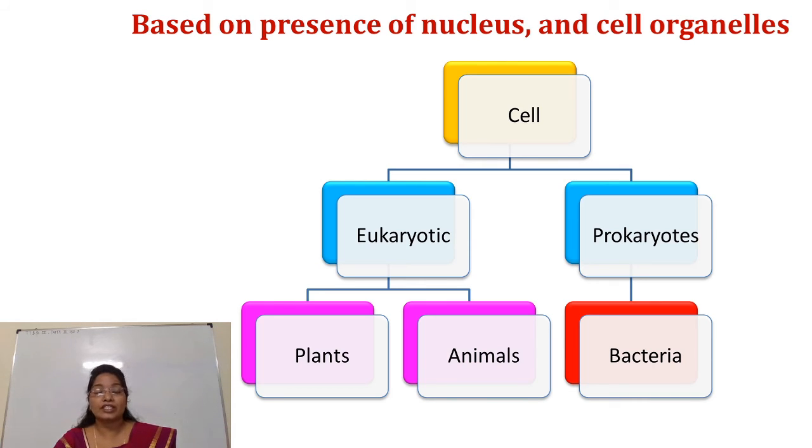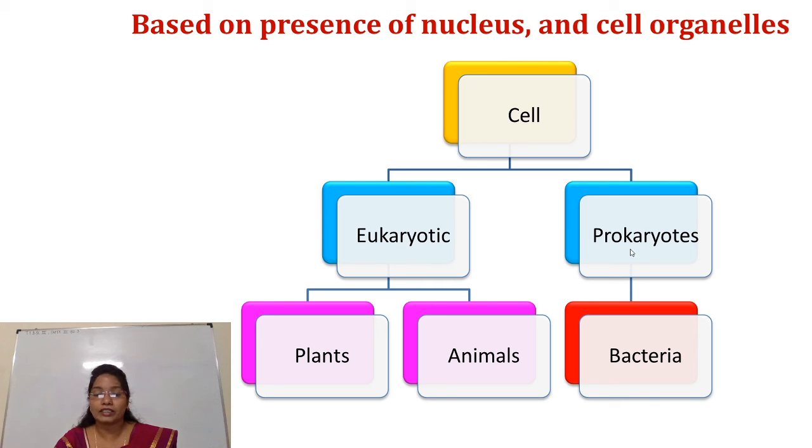Based on the presence of a nucleus and cell organelles, cells are of two types. One is eukaryotic and the second is prokaryotic. As the name suggests, karyon means nucleus. Pro means primitive and eu means true, so eukaryotes means true nucleus.